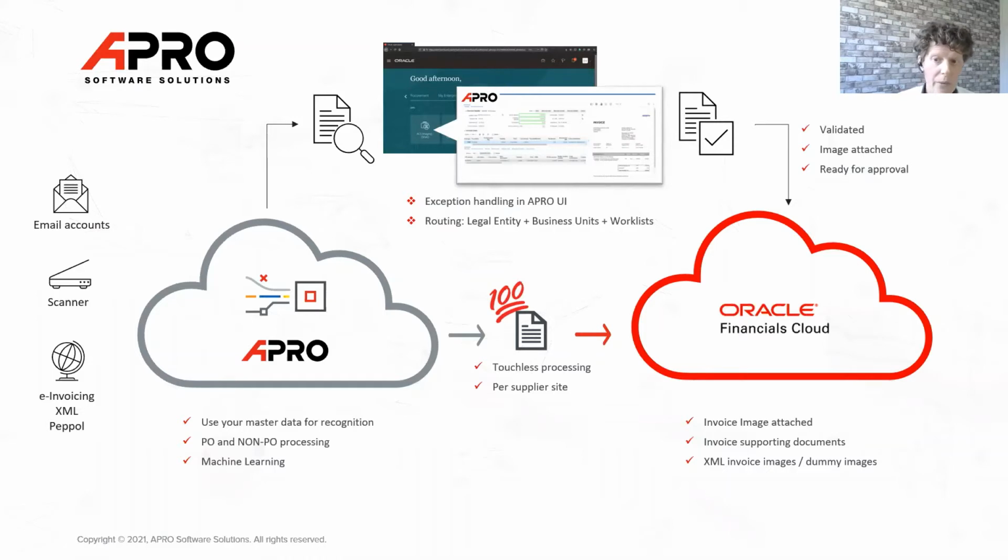And the last one, if you receive XML invoices that contain an embedded invoice image, we extract that and attach that to the invoice record, or if there's no invoice image inside the XML, we create it based on a dummy invoice on an RTF file. So there's always something that is connected to the invoice record in Oracle, so that the users always have something to approve.